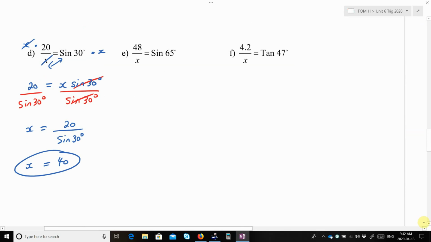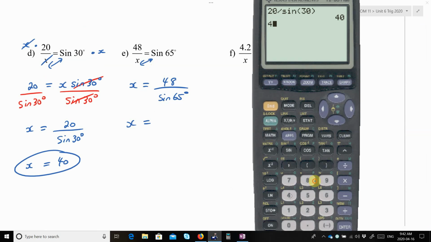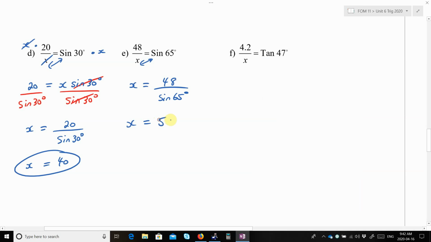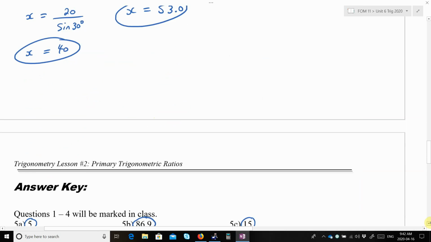So now that we know that trick, I'd be okay if you guys just switched these and you said x is going to be equal to 48 divided by sine 65. And we get an answer of 52.96. I guess that's going to get rounded to 53.0 if we go to 1 decimal place.